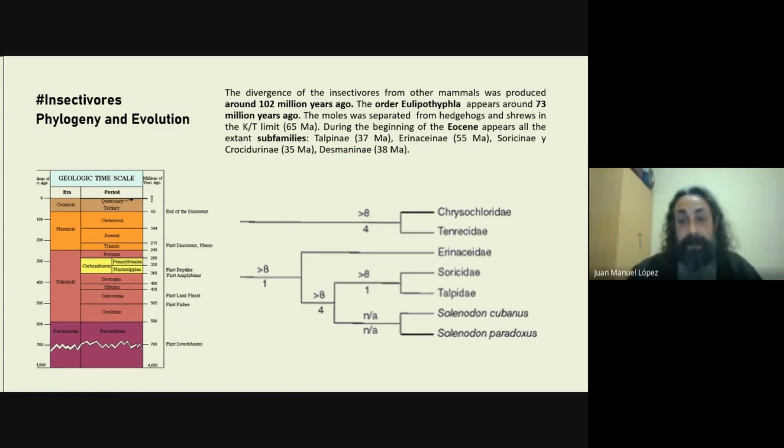And in the Eocene, more or less 55 million years ago, the current subfamilies of this kind of small mammals appear, mainly Talpinae, Erinaceinae, Soricinae, Desmaninae, and Crocidurinae.